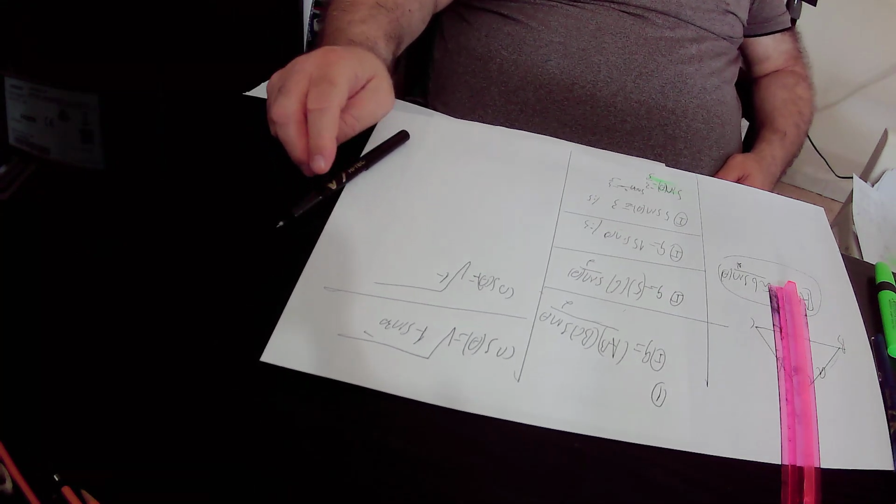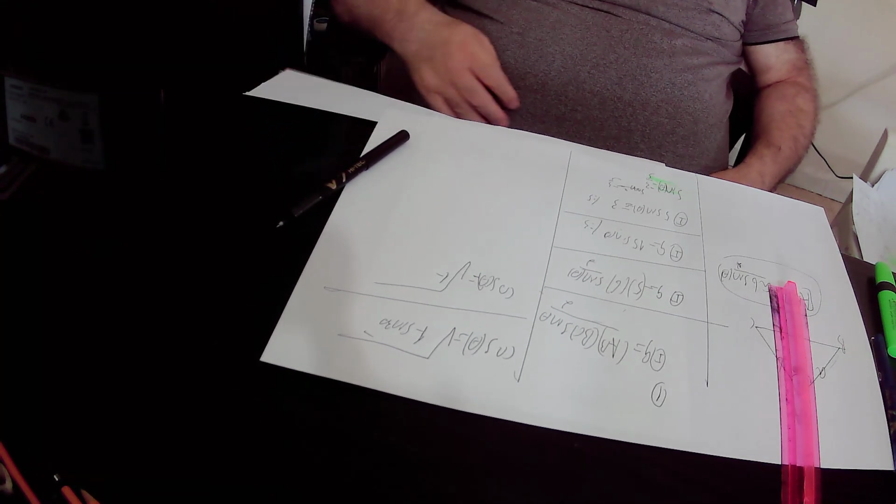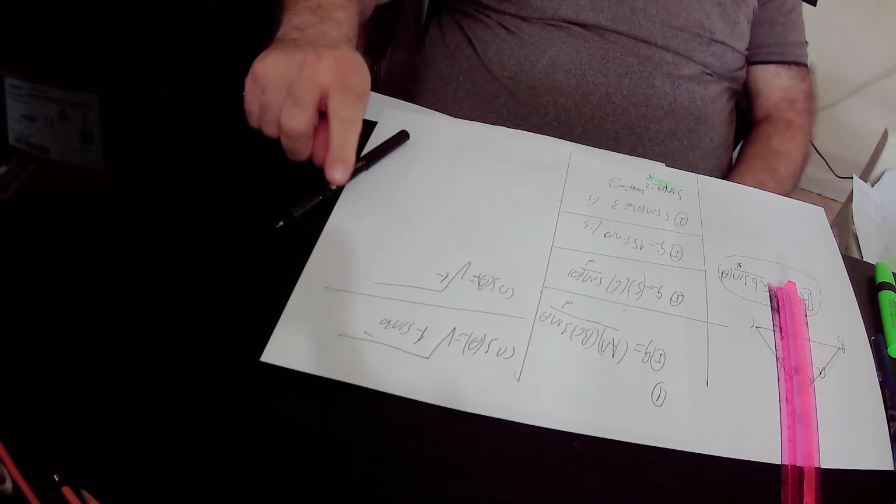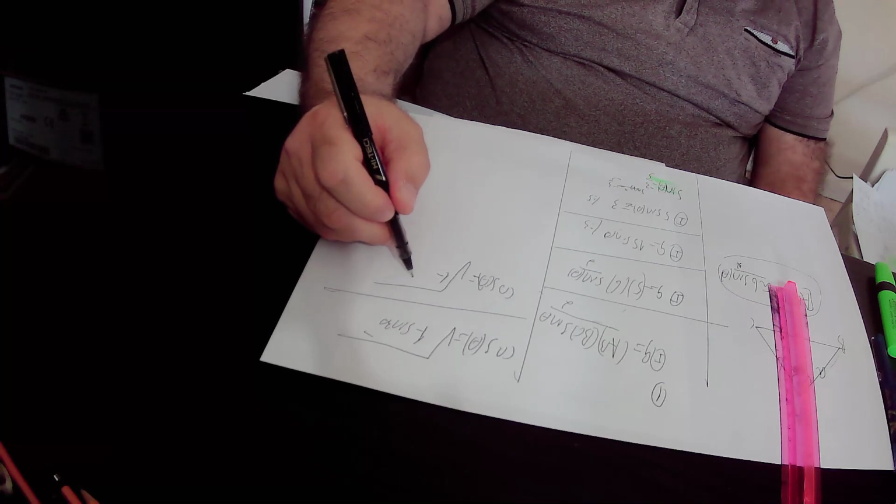We know that sine theta equals 3/5, therefore sine squared theta will be equal to 3/5 squared, that is 9/25.